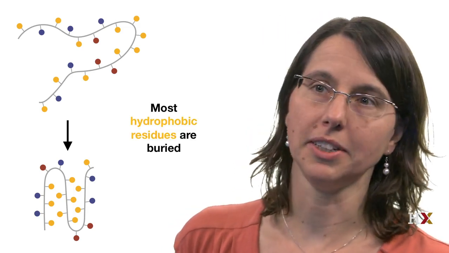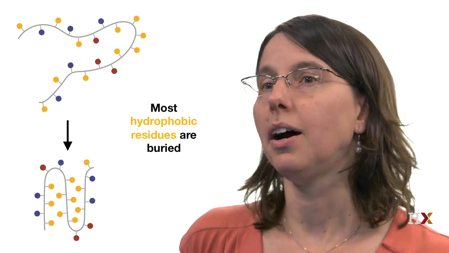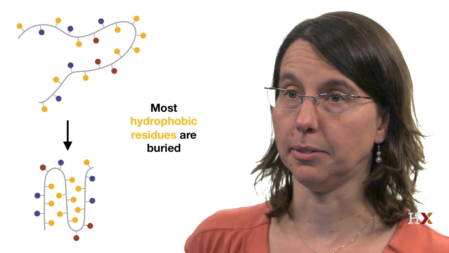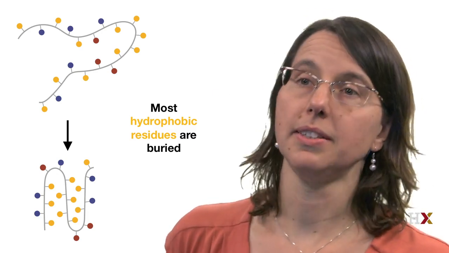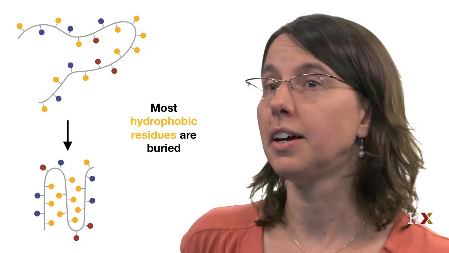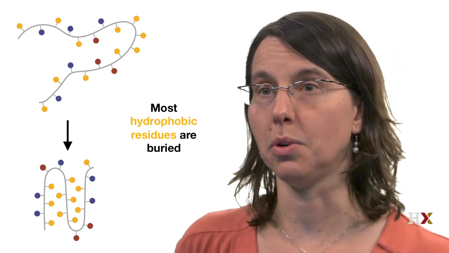So now if we return to our schematic of protein folding, we can see that upon folding, a lot of the hydrophobic side chains, which are the little yellow spheres in our diagram, are buried in the hydrophobic core of proteins. And that means that now a lot of the water molecules that were interacting with those side chains are now free to interact with other water molecules.